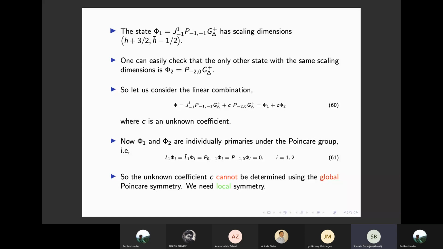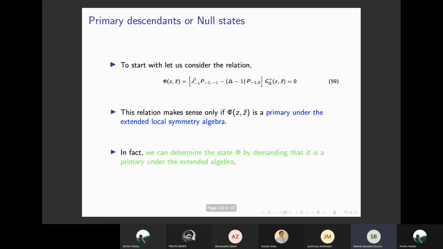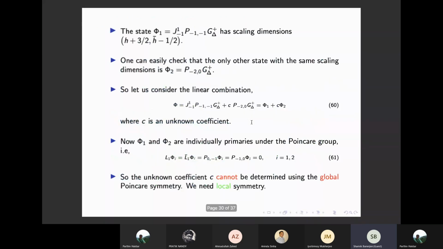But now we will get C using the local symmetry, and how to do that. As we said, this phi z bar has to be a primary under the extended local symmetry algebra.